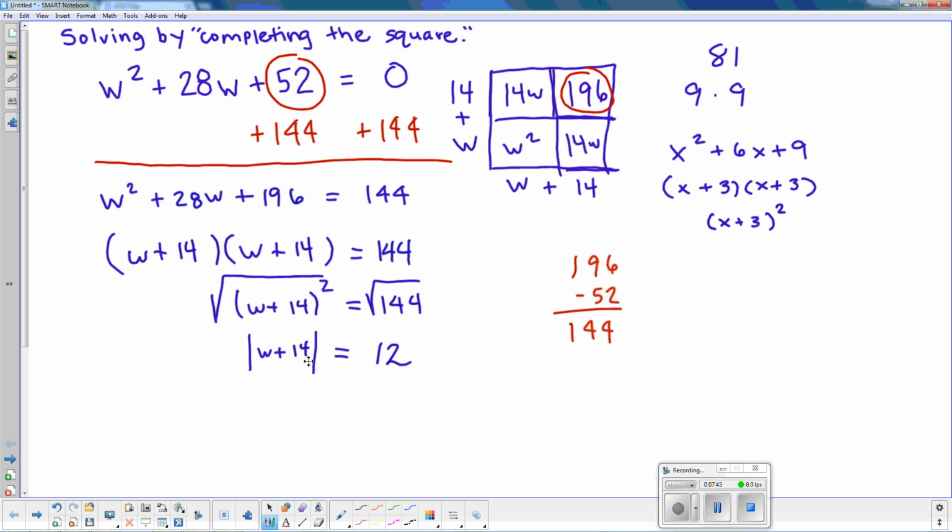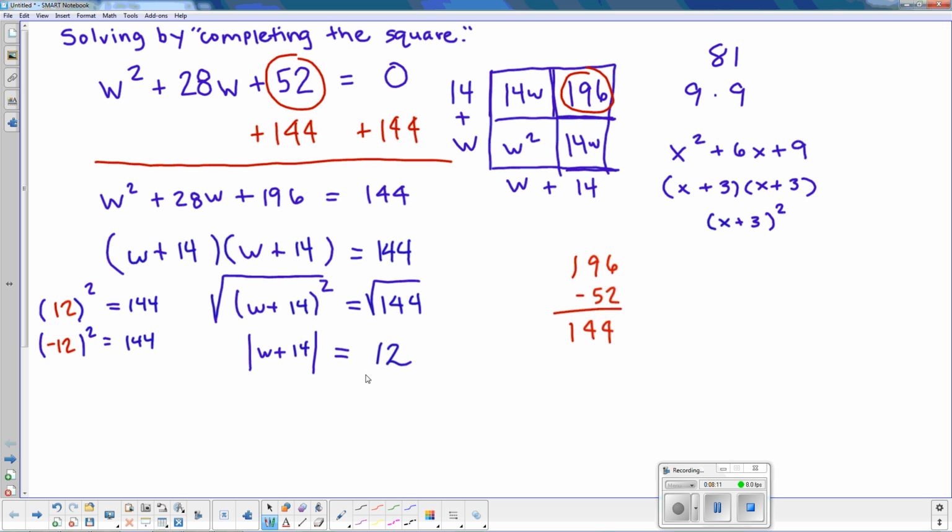And the reason why you have to put in absolute values is because when you think about some number squared equals 144, that could be two possibilities. You could end up with 12 squared equals 144, but you also have to consider the fact that negative 12 squared equals 144.